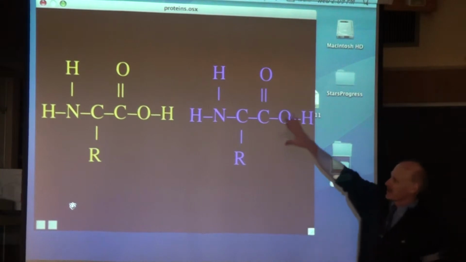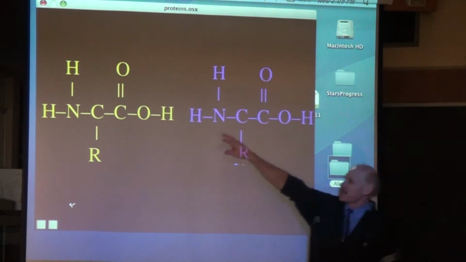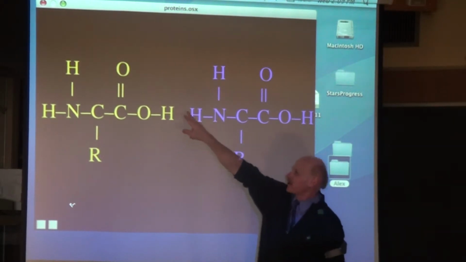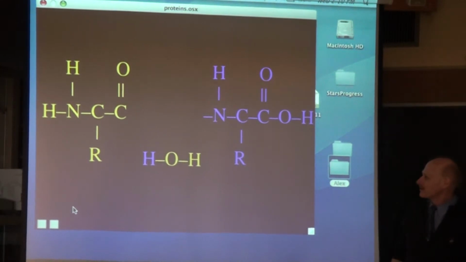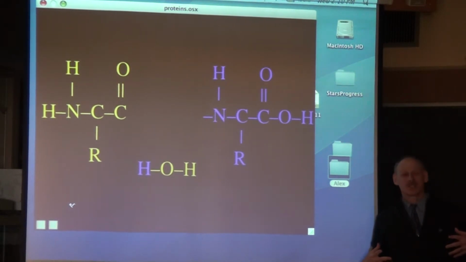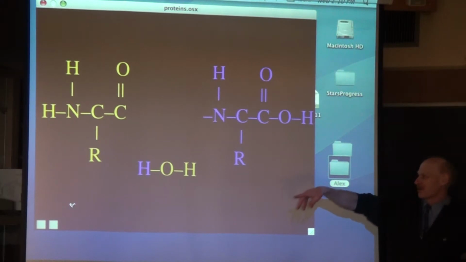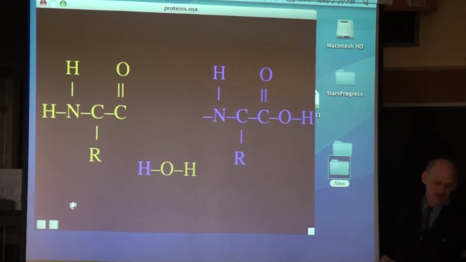All right, so once the next amino acid comes in, what happens is this oxygen, this hydrogen, and this hydrogen get broken off, forming a water. And so this is an example of a what? Dehydration synthesis. Yeah, it's a little odd because most dehydration syntheses we saw are two hydroxyl groups coming together and losing a water molecule. Well, we're still losing the water molecule, so it's still dehydration, but now it's not exactly two hydroxyl groups.